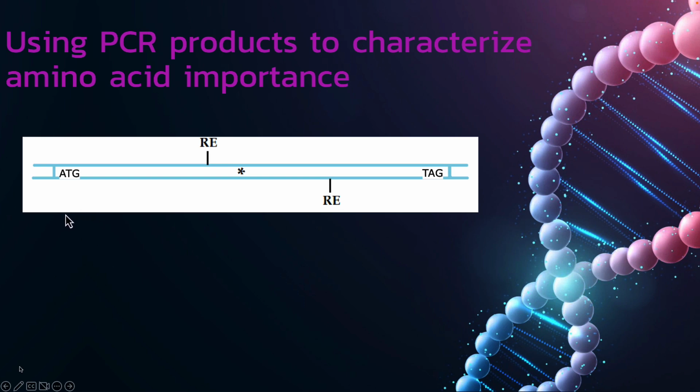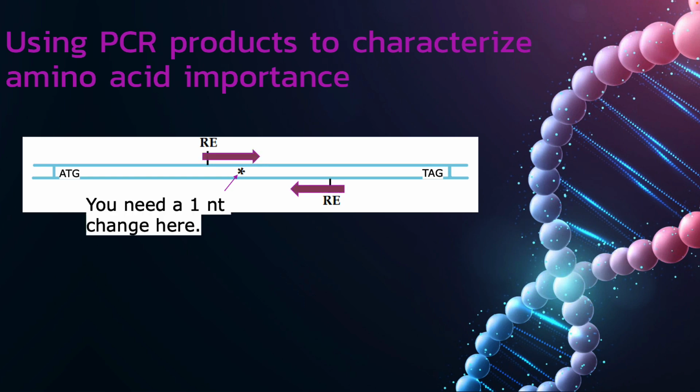Site-directed mutagenesis. Let's say this is our start codon, here's our stop codon, and we are interested in changing this particular amino acid. What we do is we actually design primers to amplify this region, and we need to change a nucleotide.